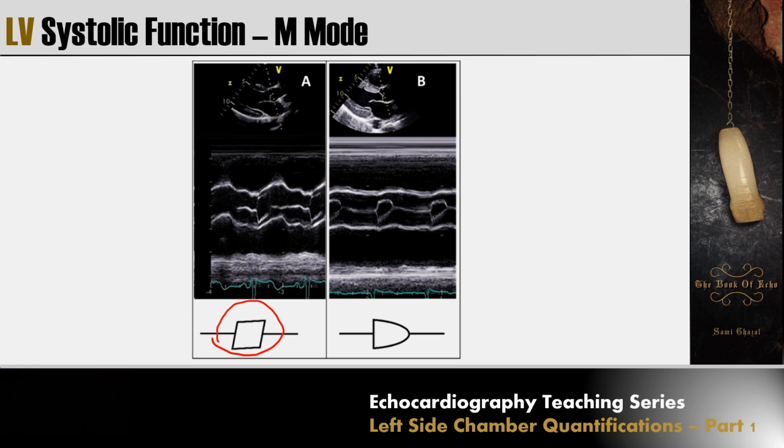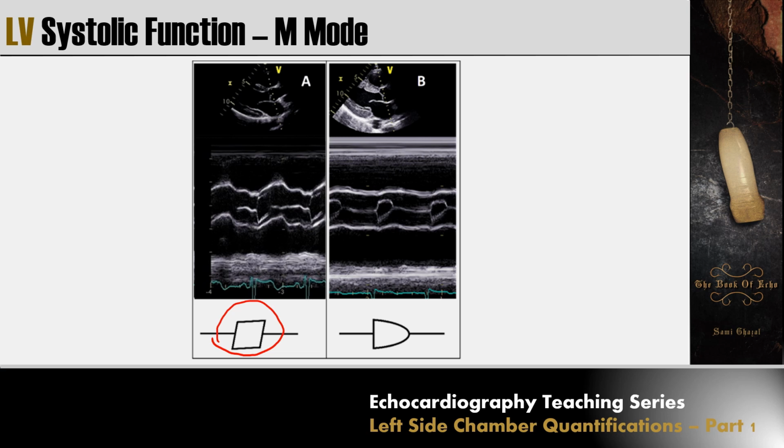However, if this volume is decreased for any reason, maybe LV systolic dysfunction or maybe mitral regurg, so most of the blood, instead of going antegrade through the aortic valve, will go the other way through the mitral valve in severe mitral regurg. At the end, we will have a decrease in stroke volume.